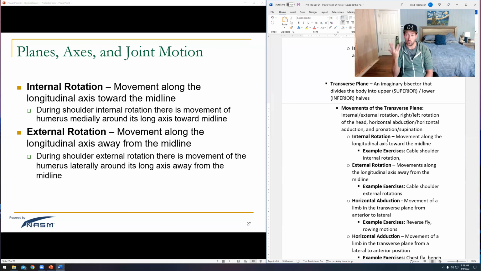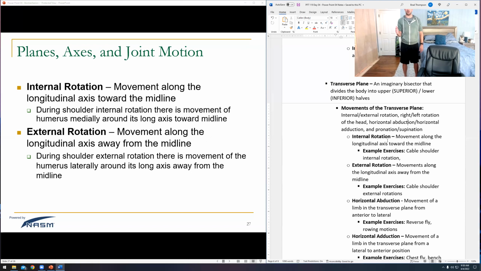If I twist it towards my midline, that's going to be internal rotation. So again, palm inward, I'm rotating towards my midline. That's internal rotation, or palm outward, that's external rotation.